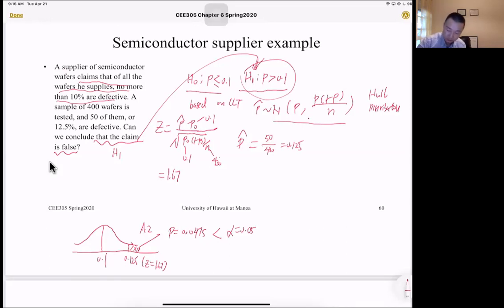Because p is less than alpha, we reject H0, so we conclude H1 is true. H1 says the claim is false, so we can conclude the claim is false.